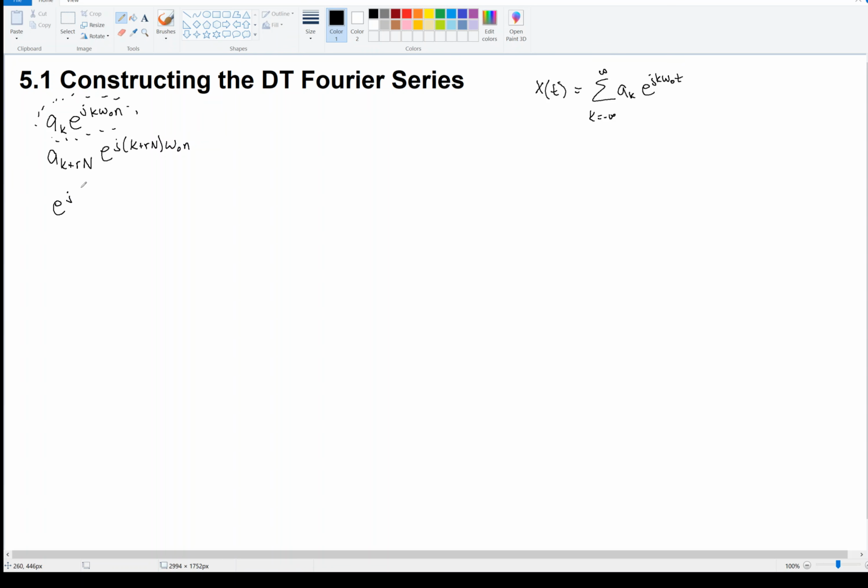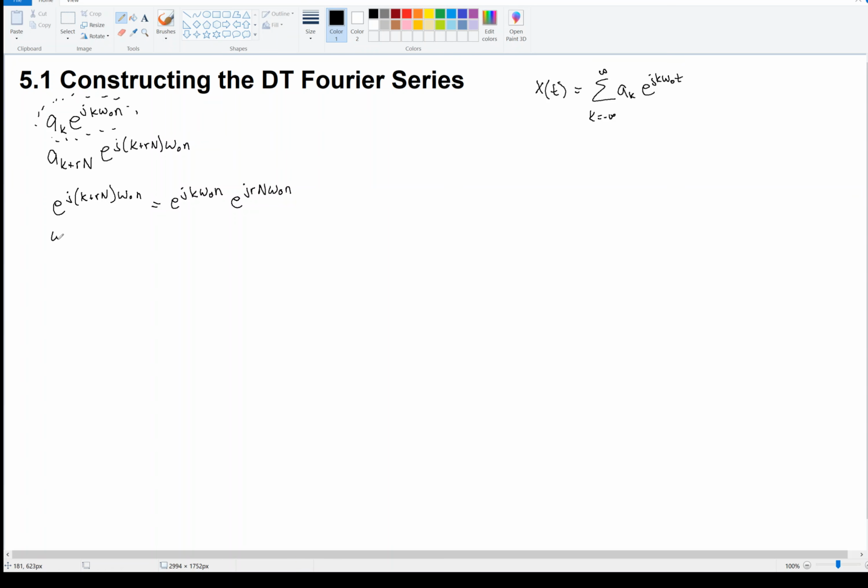If we have a sinusoid of this frequency, the k plus rN frequency, or harmonic, then if I use properties of exponents, I can write this as e to the j k omega 0 n times e to the j r N omega 0 n. And again, r is an integer, and capital N is the period of the signal, x of n.